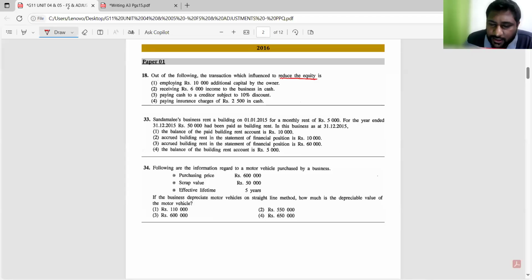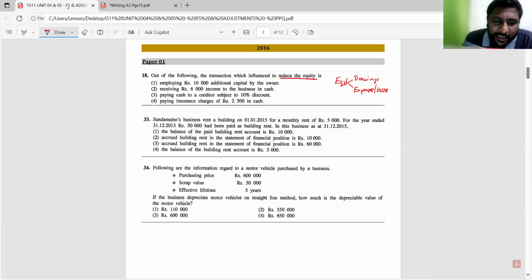The equity will decrease due to two reasons. Equity will decrease if there are any drawings and if there are any expenses or losses. These are the two reasons why equity will decrease.